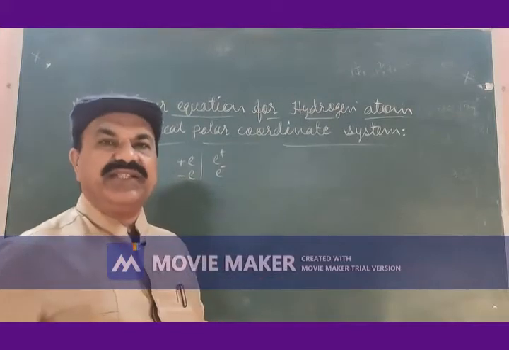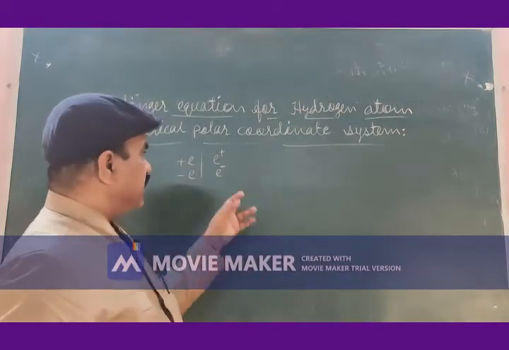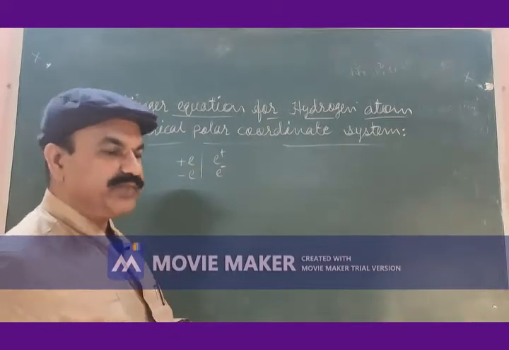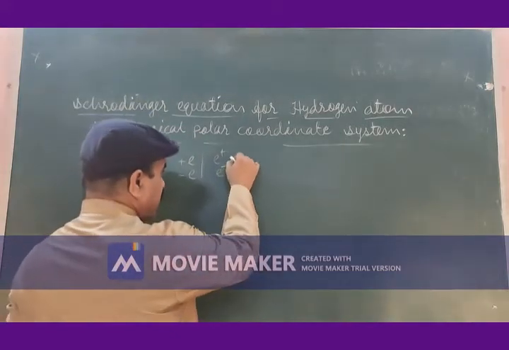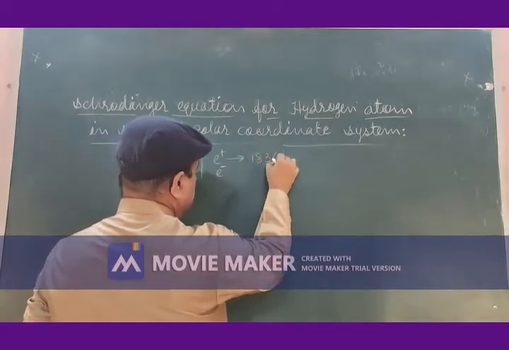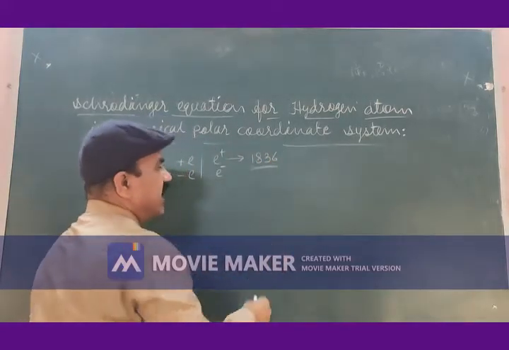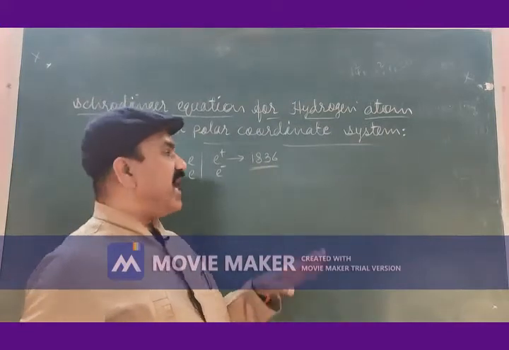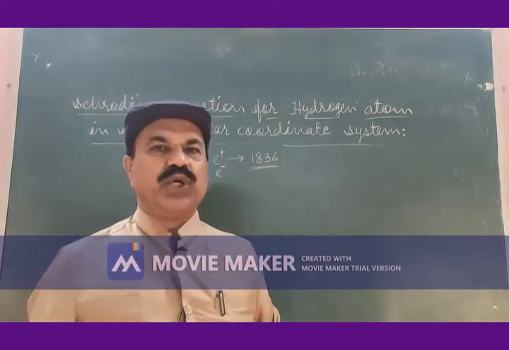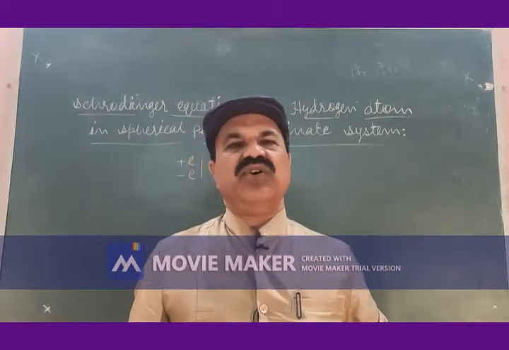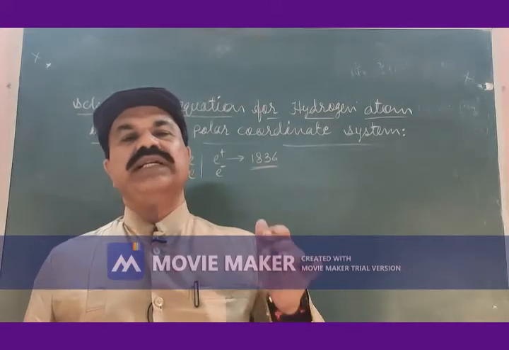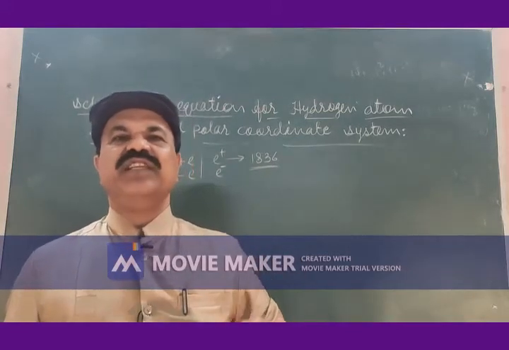Electron is very light in weight as compared to the mass of proton. Actually, the proton is 1836 times larger in mass than the electron.